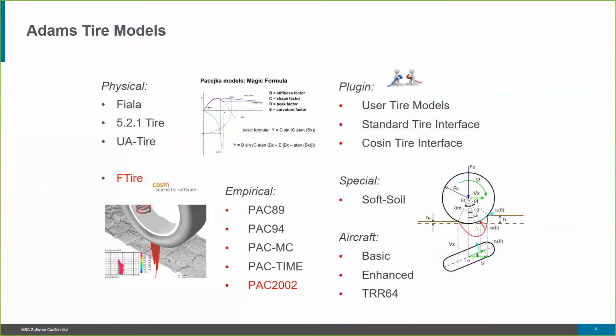And the PAC2002 is the most mature tire model under the empirical tire models. And there's plug-in tire models, there's special tire models like soft soil, and there's also aircraft tire models that we support in Adams.